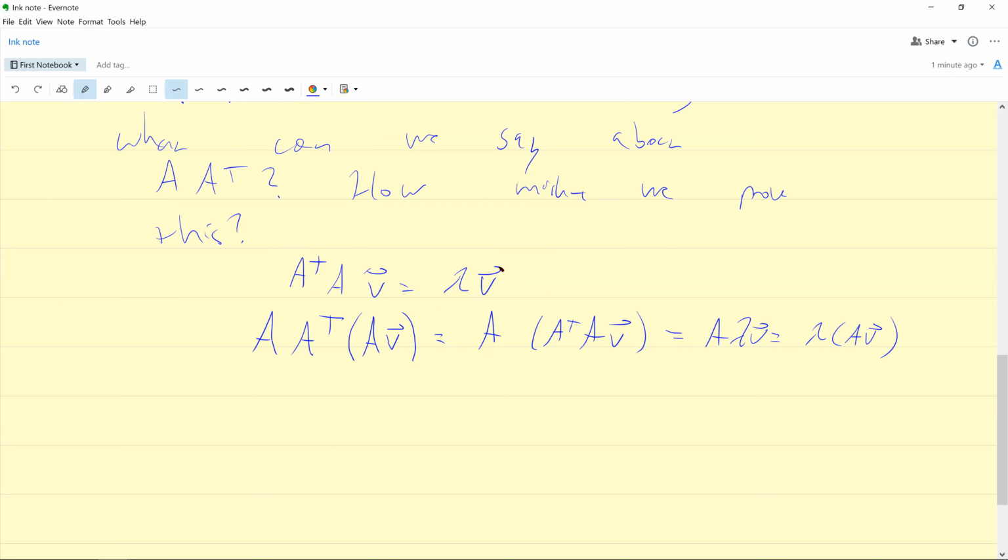So if V is an eigenvector of A transpose A, then AV is going to be an eigenvector of A A transpose.